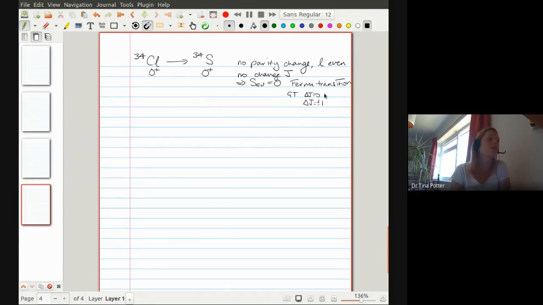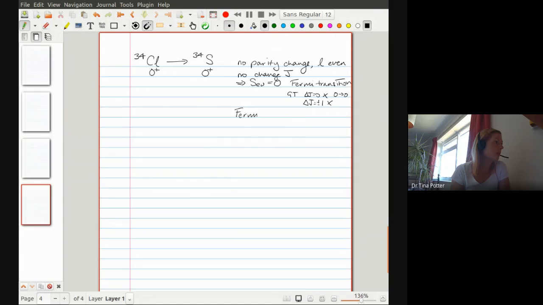We can't have it because we've got a 0 to 0, and the change in J here is not plus or minus 1. So we know that it can be an electron neutrino spin 0 system, and it can be a Fermi transition. And we know that since there's no parity change here, it can be allowed.